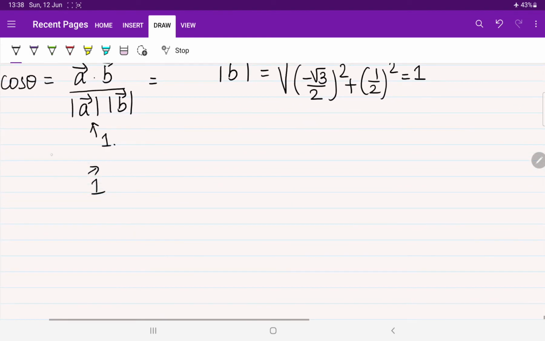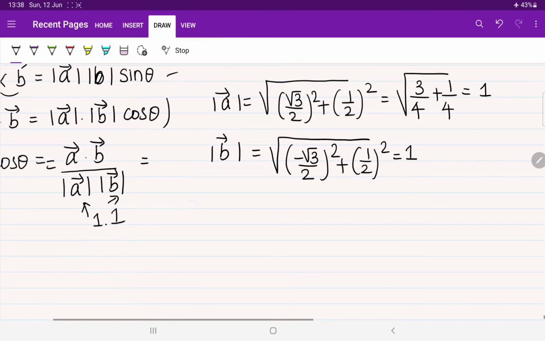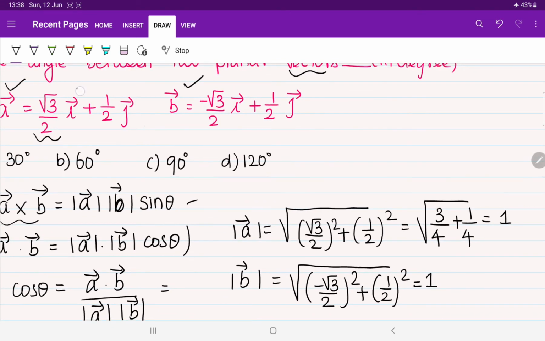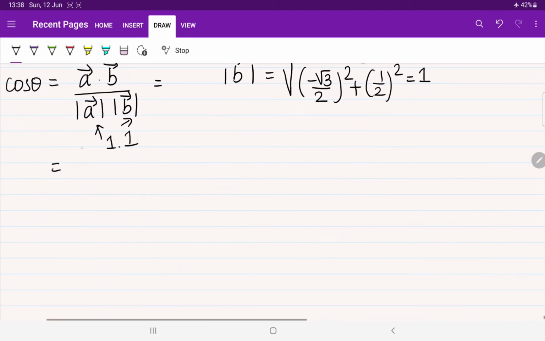Then in the numerator, let us see A vector dot B vector. While multiplying the vector quantities in the dot product, I told you i vector will be multiplied with i vector, j vector will be multiplied with j vector. i dot i will become 1, j dot j will become 1, and all other combinations will be 0. Now tell me, what is the value of root 3 by 2 into minus root 3 by 2?